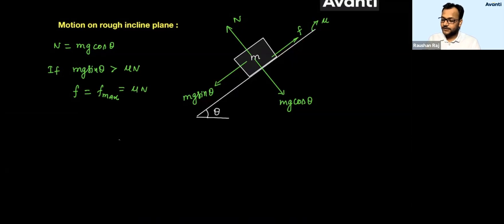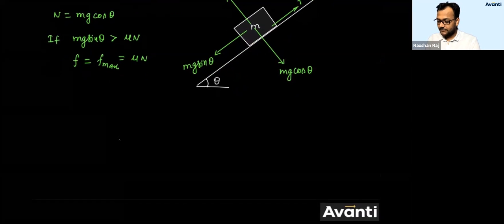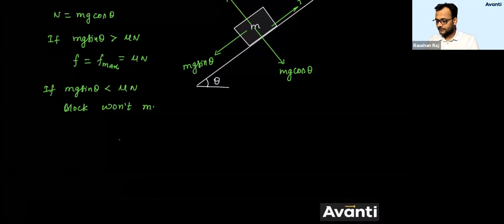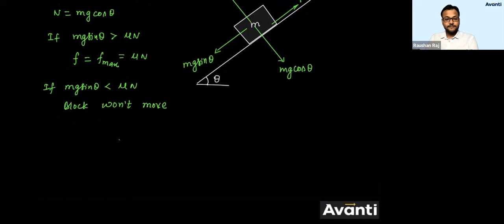All right? The second case is, if mg sin theta is less than mu N. What does that mean? That means the block won't move. If the block is not going to move, what will be the value of F?